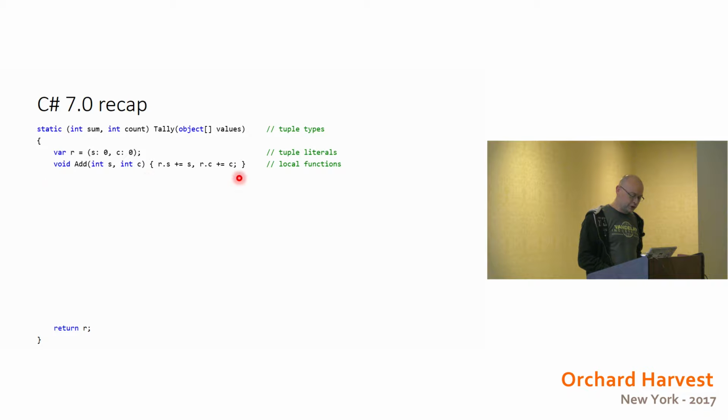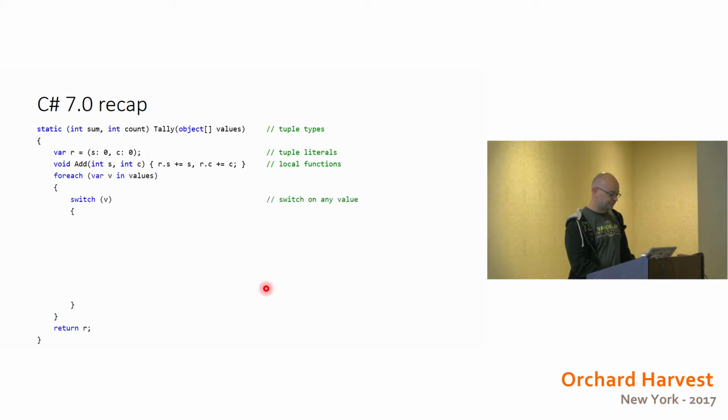We have the new notion of local functions. This is going to be useful anytime you have to reuse a little bit of logic inside of a very closed scope, and you don't want to create a utility class or something like that. You just define your function inline, and then you can use it.